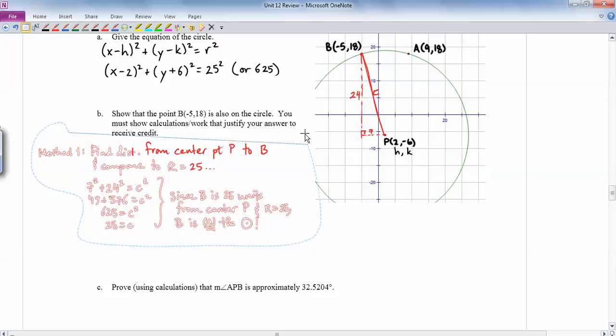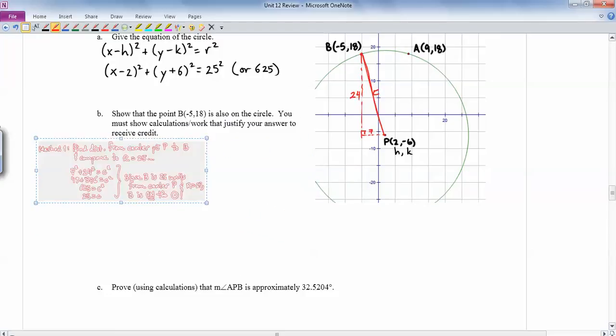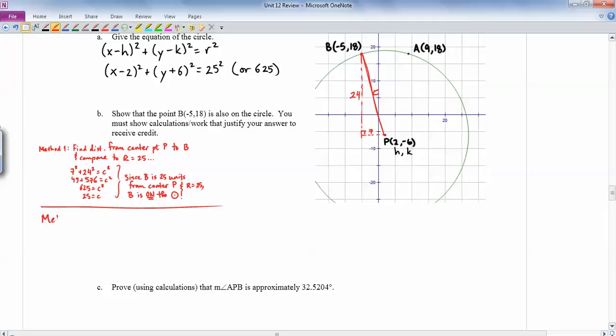Let me show you a second way to do it as well. Okay, so method 2 would be to take the equation that we just came up with, and any point that's on the circle, if I plug it in for x and y, if we get 25 squared, we know it's got to be on the circle.